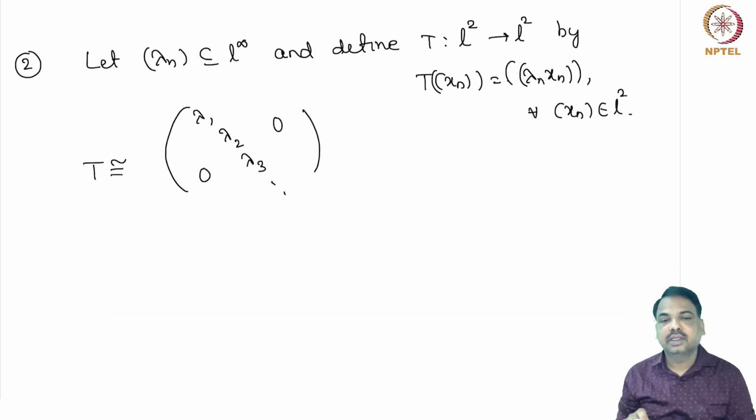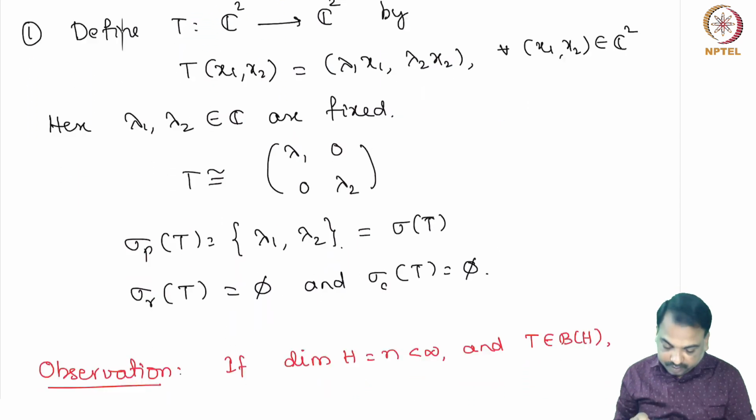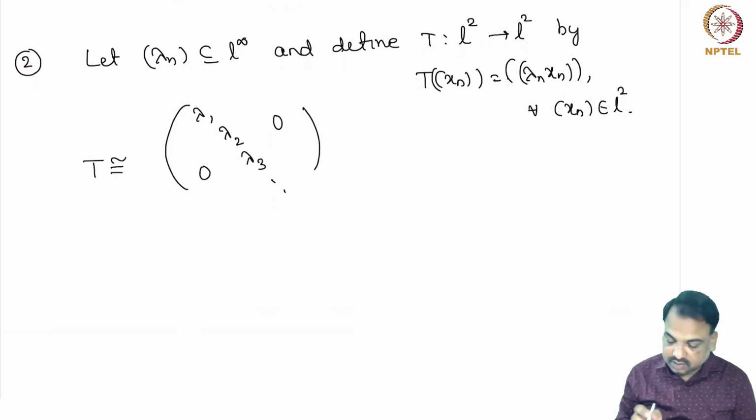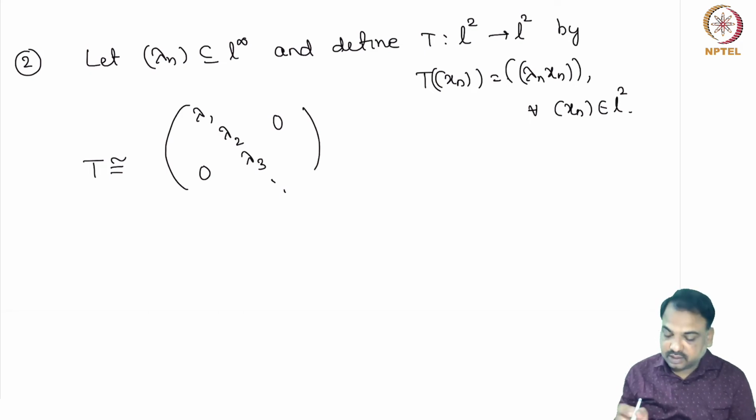So we have observed that this is a normal operator. We want to see the spectrum of T. So in the earlier case the spectrum of T is exactly the diagonal entries, but here when we have a sequence, then we also have to include the limits of the sequence because we know that the spectrum is closed. So for that reason in this case we can actually show that the spectrum is the set of all lambda n, union their limit points.